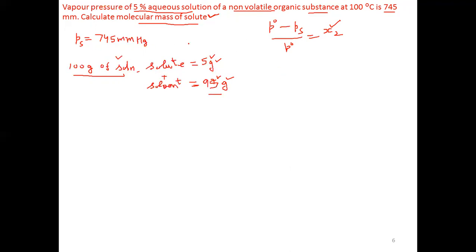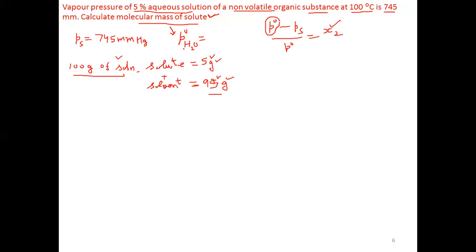Now the thing that is left is P naught. Here is a trick. P naught is the vapor pressure of water, the pure solvent in its pure state. Now we have to look at the conditions given. We are given 100 degrees Celsius, which is the boiling point of water.